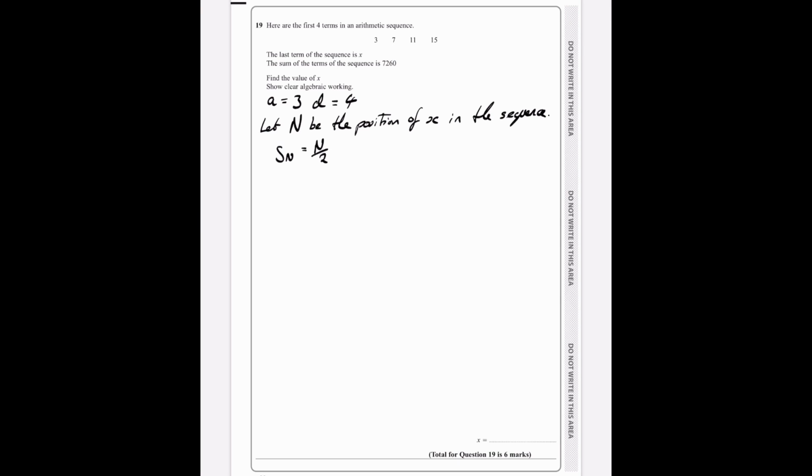And so I know that the sum of N terms, the sum of all the terms, is going to be 7,260, so I can plug it into the formula for summing N terms, which is given in the formula sheet at the very front, N over 2 lots of 2a plus n minus 1 d.